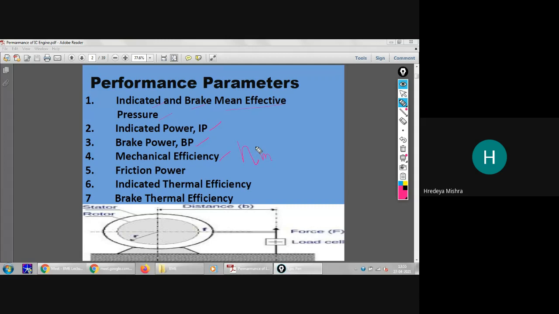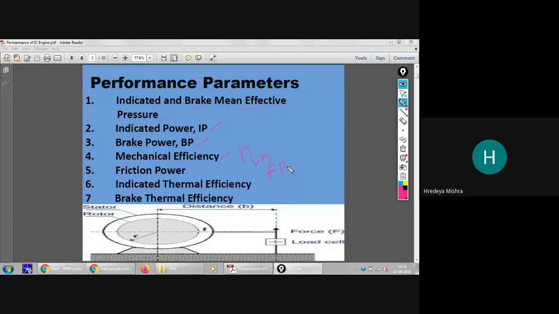Eta is for the efficiency and m is for mechanical. Friction power we represent as small fp.